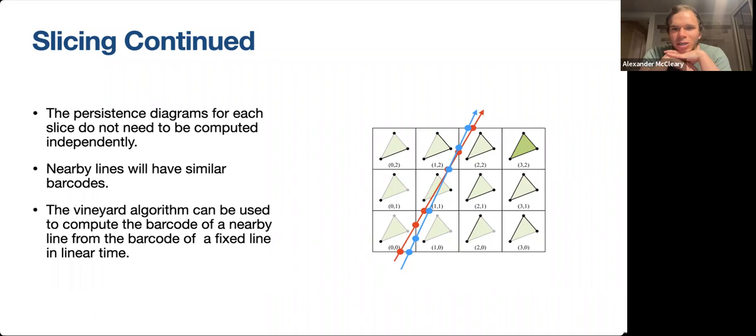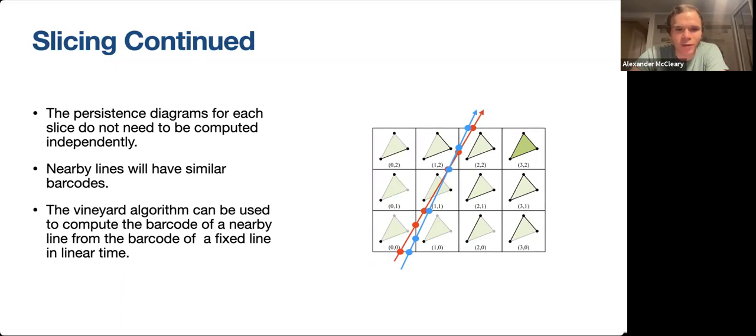But it turns out that that's actually not the case, in particular if our multi-parameter persistence module is nice, like this one here, where it's constant on a grid, then we don't need infinitely many lines. And also nearby lines are going to have similar barcodes anyway. We don't actually need to compute the barcode for every line.